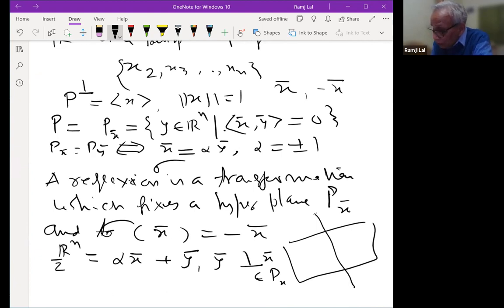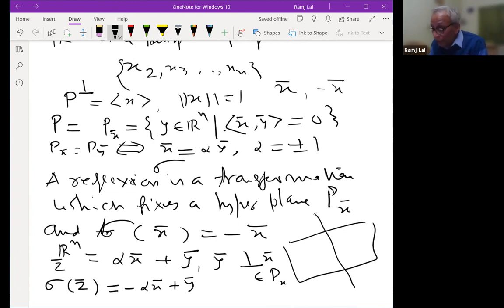So this sigma will take z to what? Sigma z will be what? This will be minus alpha x, and plus y. So if sigma is a transformation which fixes the hyperplane, y is in the hyperplane, so it will take y to y and x to minus x.